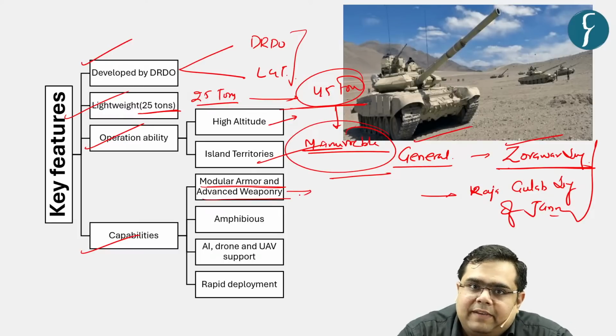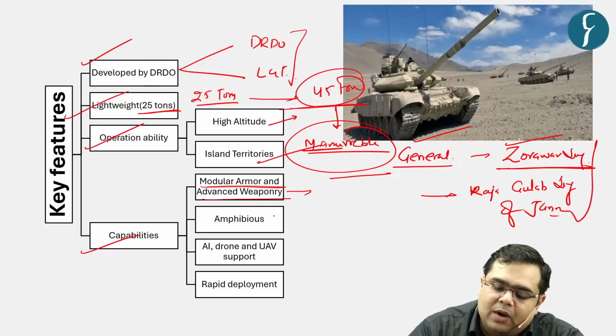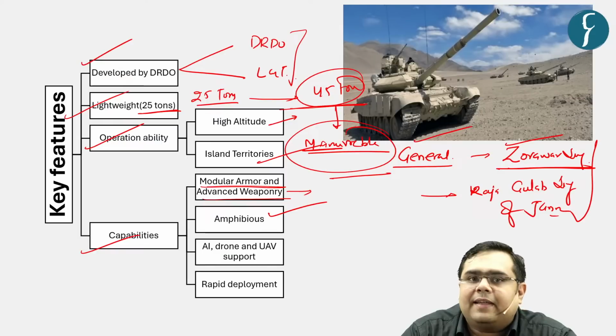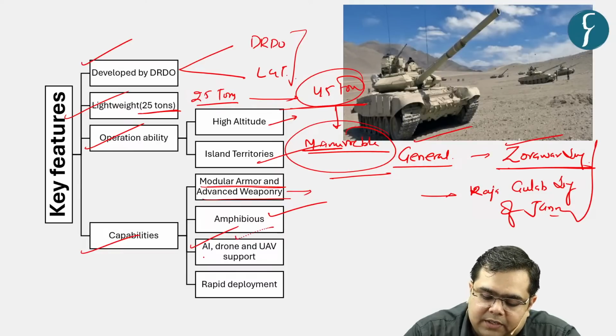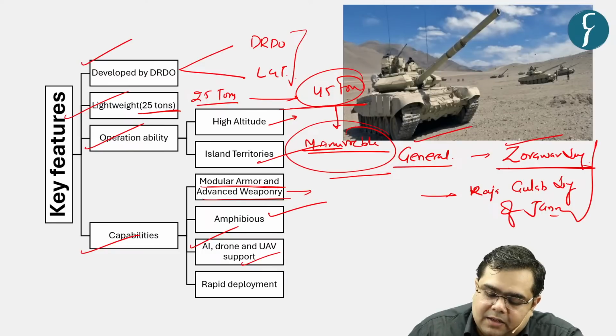See, only the weight of the tank has been reduced without compromising the quality and performance of the tank, as committed by the DRDO. It is amphibious in nature. Almost all of these armoured vehicles are generally amphibious. However, the advancement is that it has been AI integrated. It can be used along with drones, and it has unmanned aerial vehicle support.